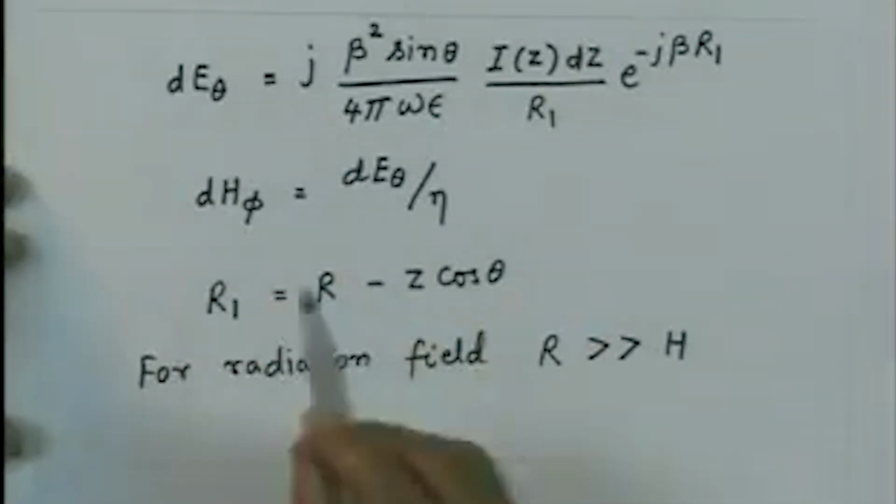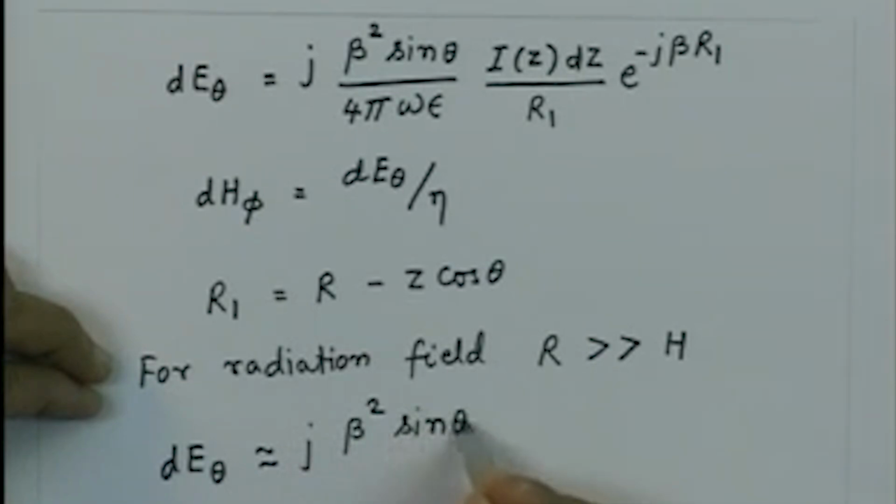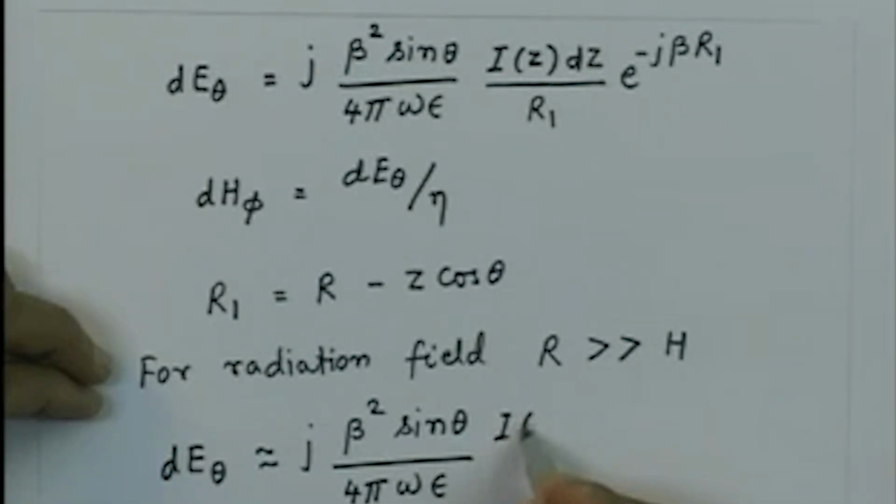So, with this understanding, we can now make an approximation to this field dE theta, which is approximately j beta square sin theta upon 4 pi omega epsilon, I of z dz upon r.